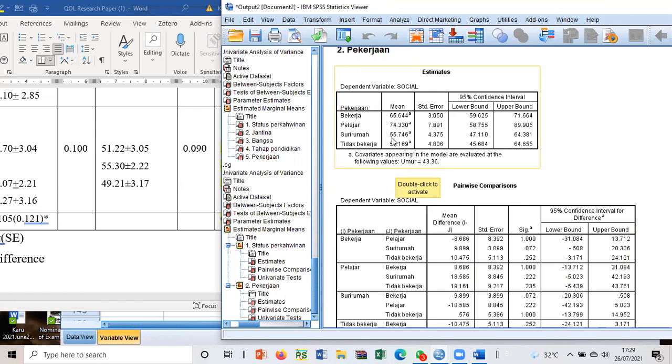Look at who's different. Bakarja and Suriruma. Is it a big difference? Bakarja and Suriruma are different. Is it good to explain the difference? Yes. Social, right? Bakarja and Suriruma looks like there is a difference.